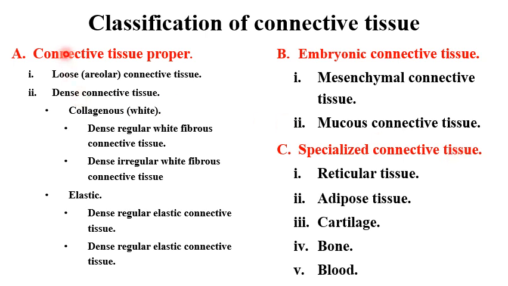The connective tissue proper is classified according to the predominance of cells or fibers into loose connective tissue or dense connective tissue. The dense connective tissue is further classified according to the predominant fiber type into dense collagenous connective tissue or dense elastic connective tissue.